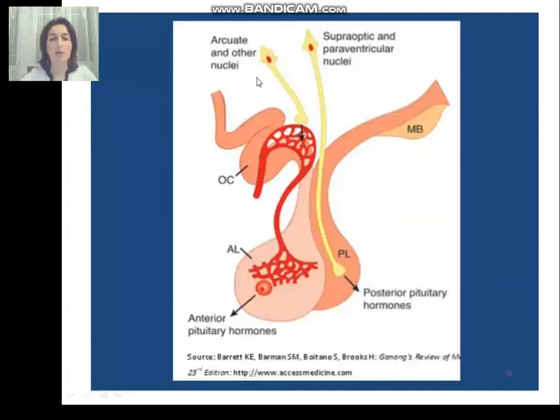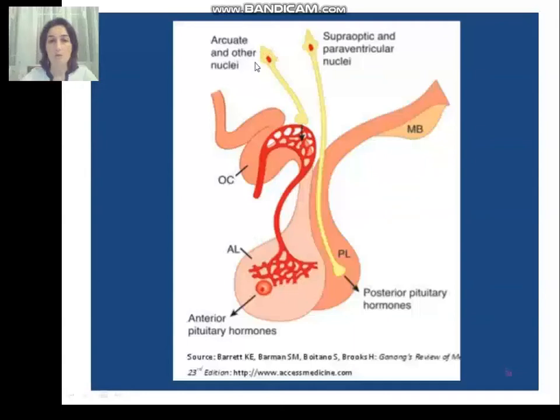In the middle part there are other nuclei: arcuate nuclei, infundibular nuclei, ventromedial, paraventricular, and dorsal medial nuclei. There are a lot of nuclei which also include neurosecretory cells, but these cells produce different hormones. They are called liberins and statins, or releasing hormones and inhibitory hormones.